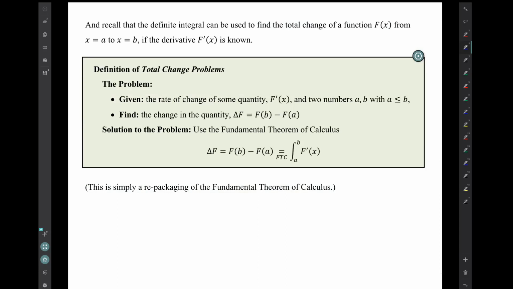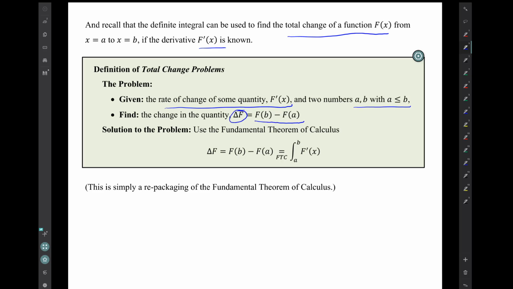And recall that the definite integral can be used to find the total change of a function, capital F, from a to b, if the derivative capital F prime is known. So we have talked about what I refer to as total change problems, where the problem is this. Given the rate of change of some quantity, capital F prime, and given two numbers, a and b, with a less than or equal to b, find the change in the quantity capital F. That is this expression.